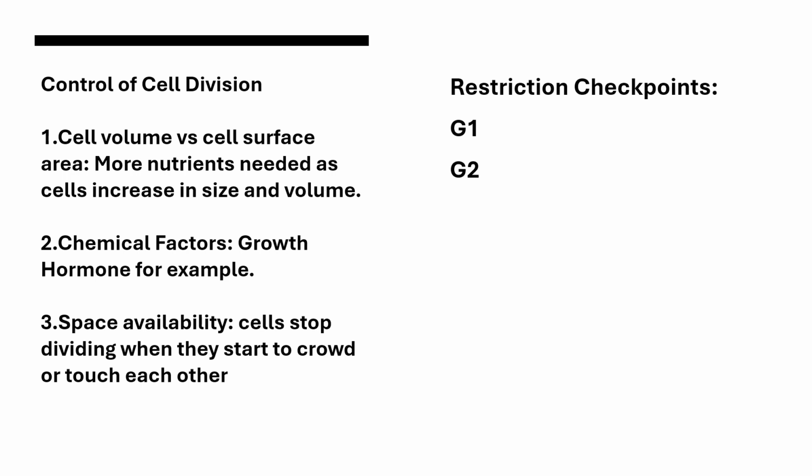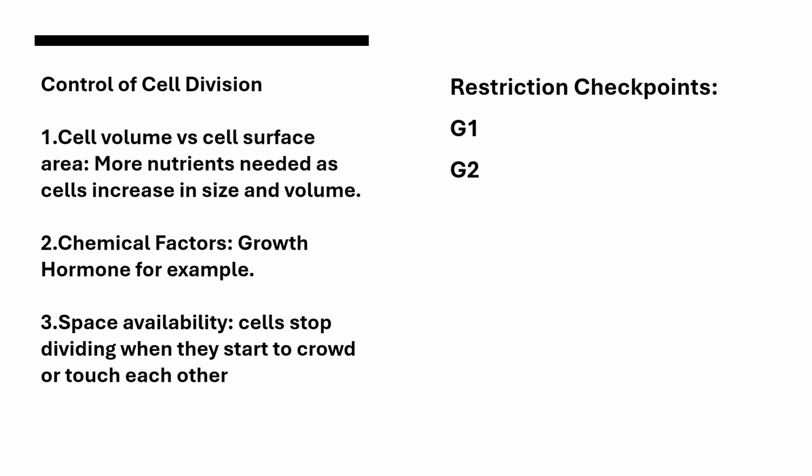Then there's the availability of space. Normal cells stop proliferating when they begin touching. This is a phenomenon known as contact inhibition. So they stop dividing when they start crowding each other, when they start touching each other.